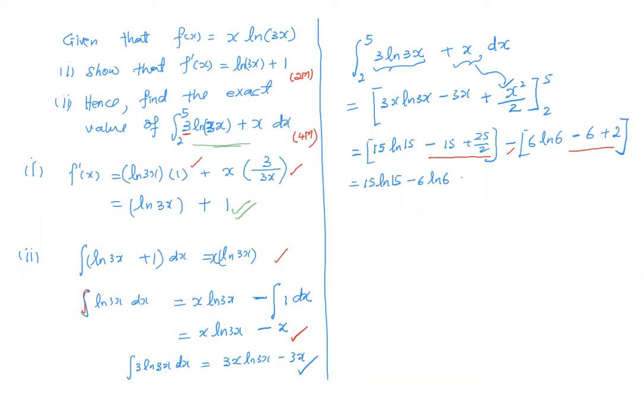This 2.5, minus 2.5. Is it plus 3 over 2? Am I right?